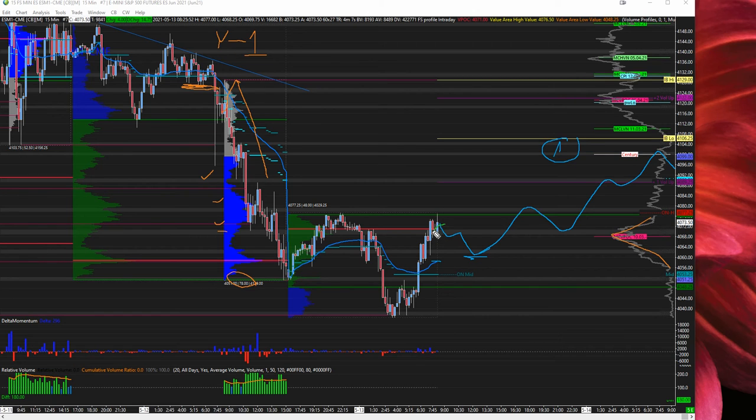So if we continue with the selling, I expect to roll over and test the full session mid at 50, pull back, and below that we have the HVN of the overnight at 42.